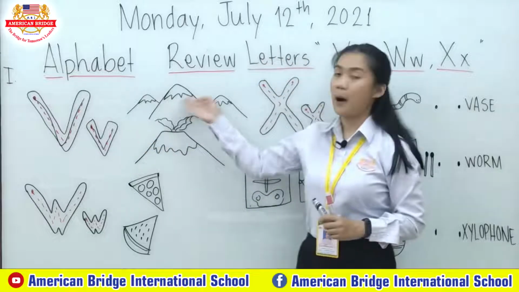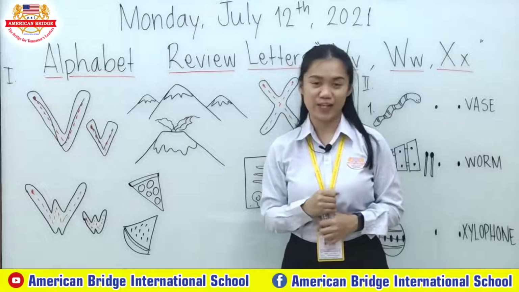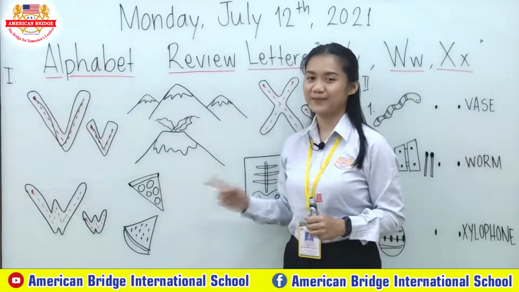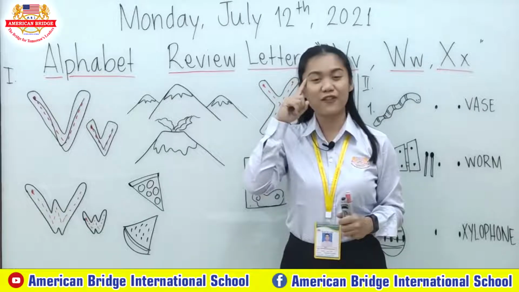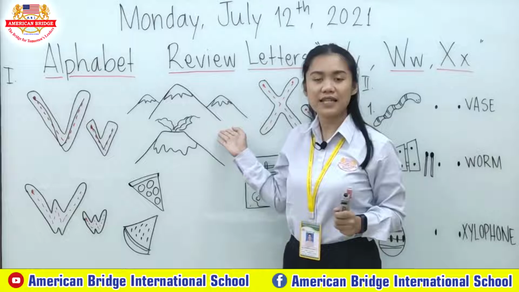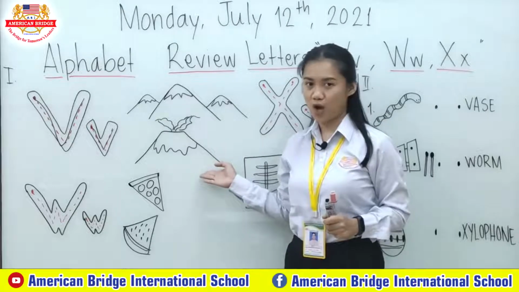And what do you think is the picture that begins with letter V? We have mountain and we have volcano. Have to think carefully. Is it mountain? Mountain begins with letter M. How about volcano?